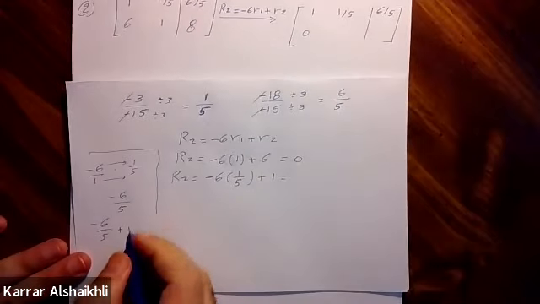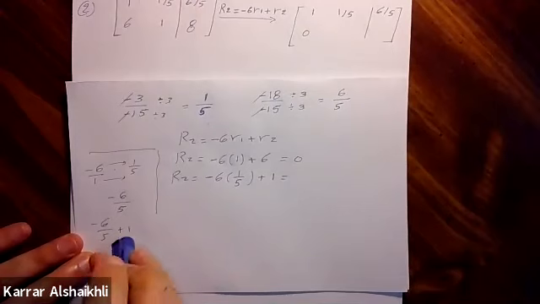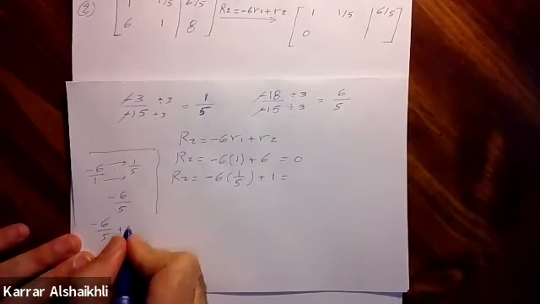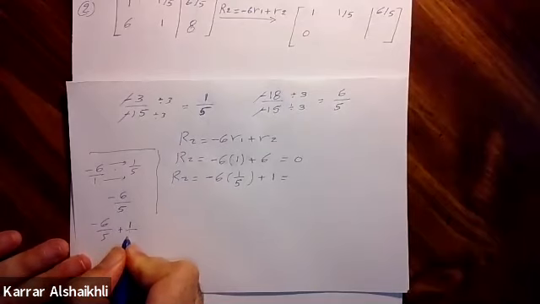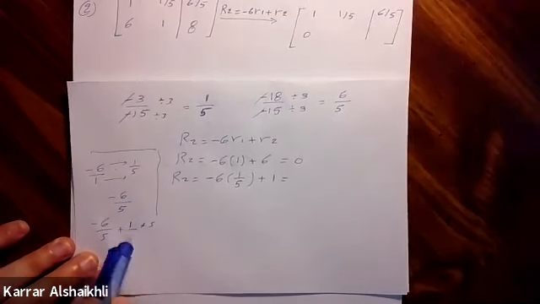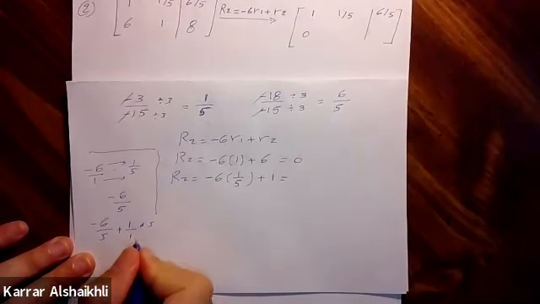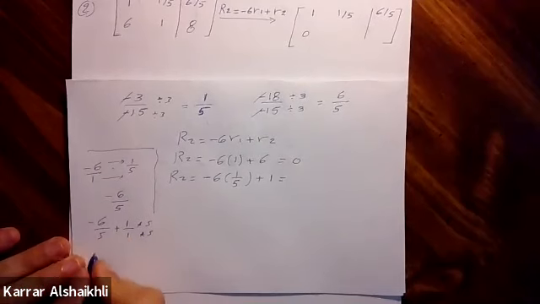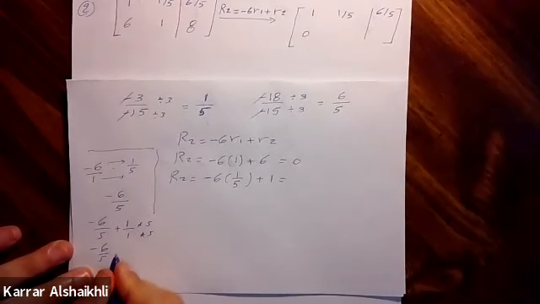So how are we going to add 1? You're going to multiply by 5. Multiply this one by 5, and the bottom, which is also 1, by 5. So it's going to be -6 over 5 plus 5 over 5.